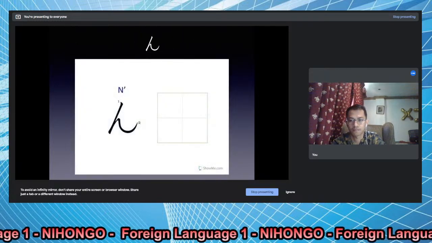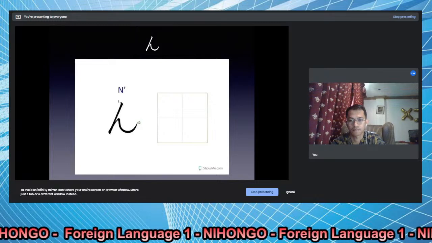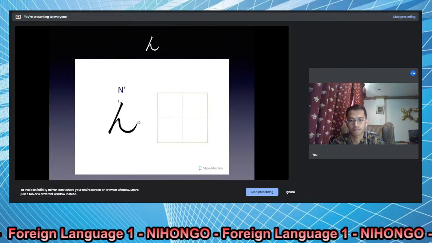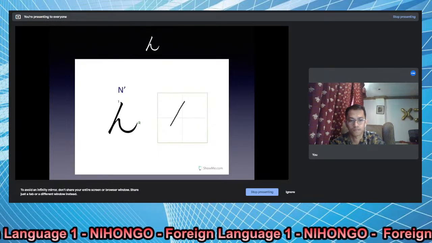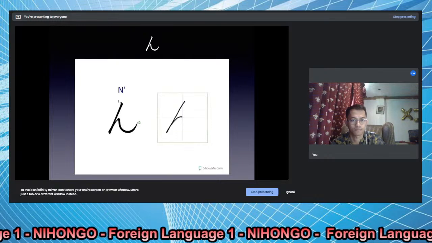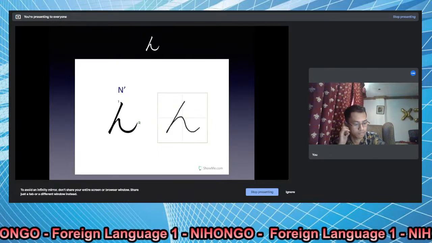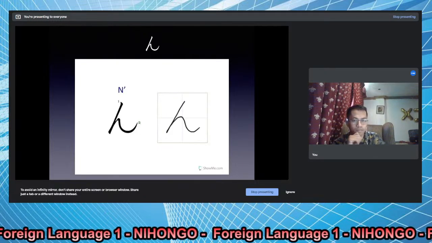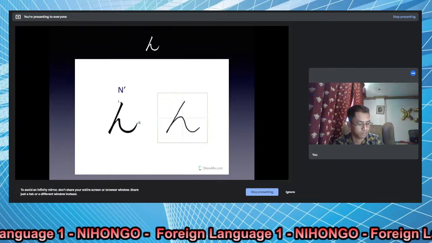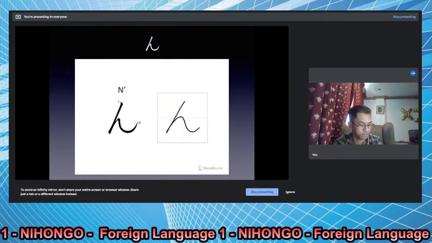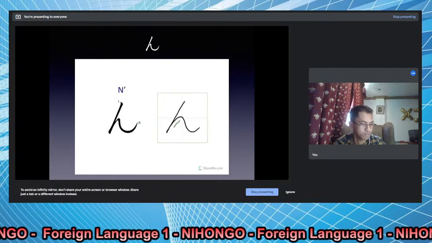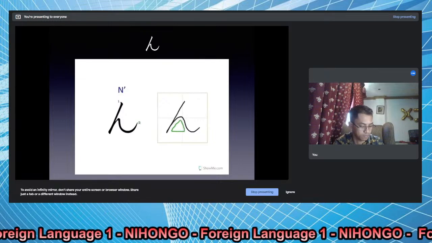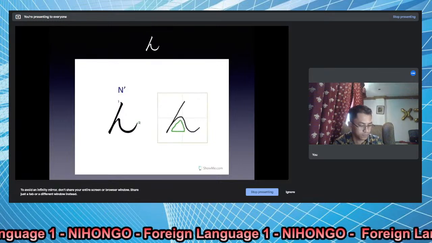Let's learn how to write it. It's quite simple. 1, release. Hiragana N looks like a lowercase cursive version of H in English, but you must have a triangle-looking space here.